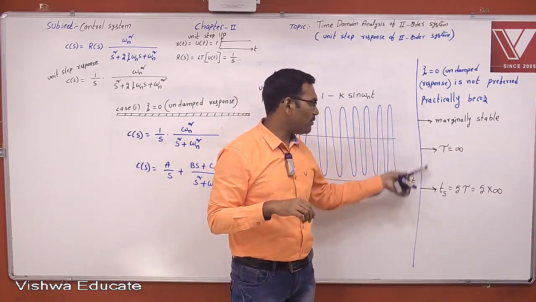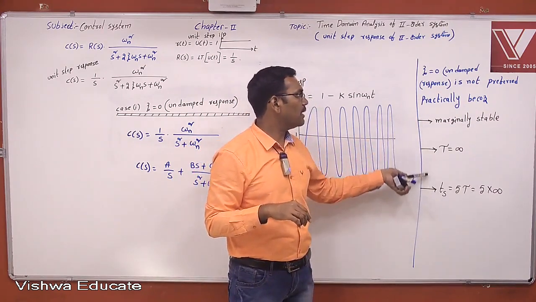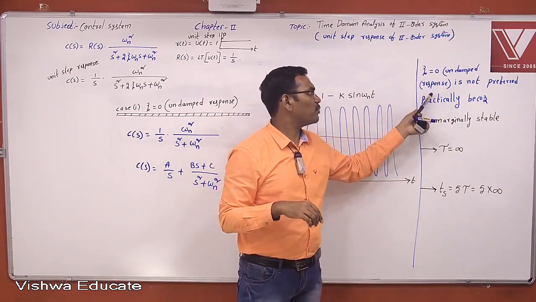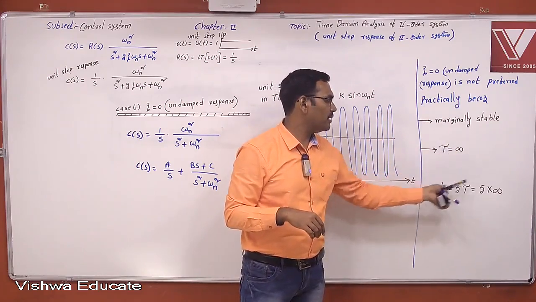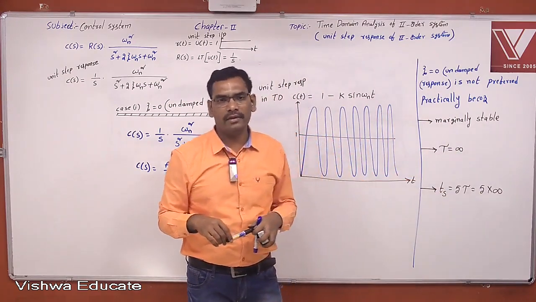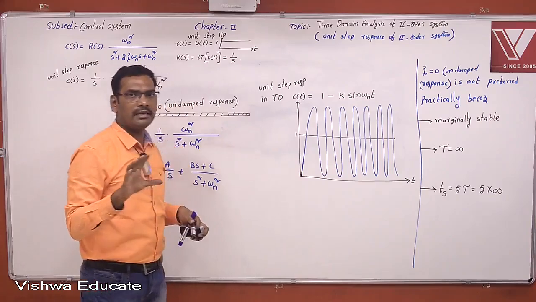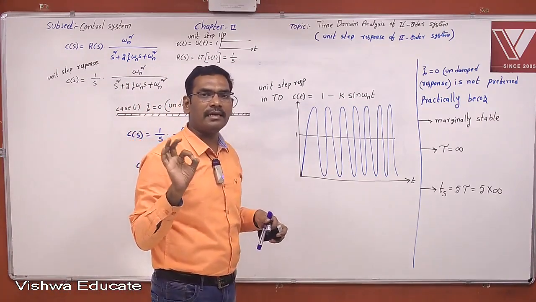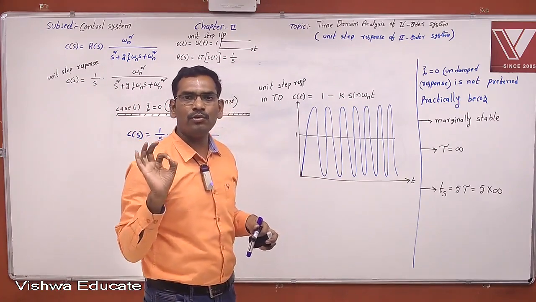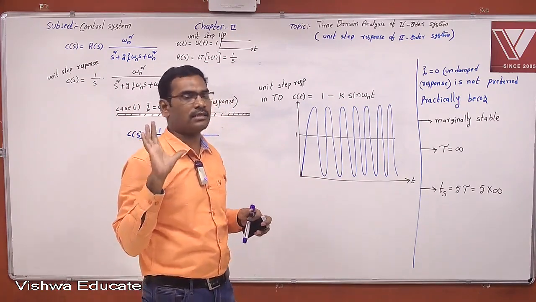Because of these reasons, the undamped response is not preferred: it is marginally stable, and time constant and settling time are infinity. Note this down. That is why damping factor zeta equal to 0 is totally eliminated and never used while designing a second order system.